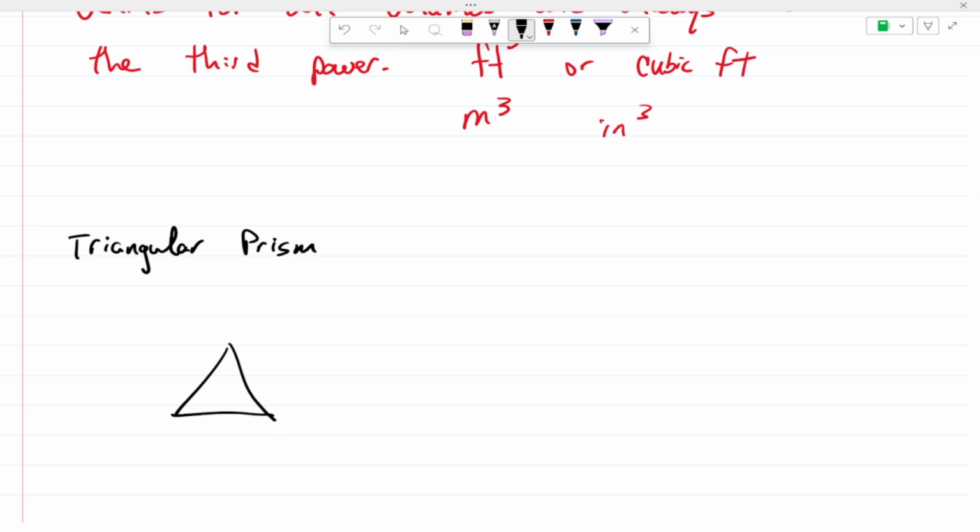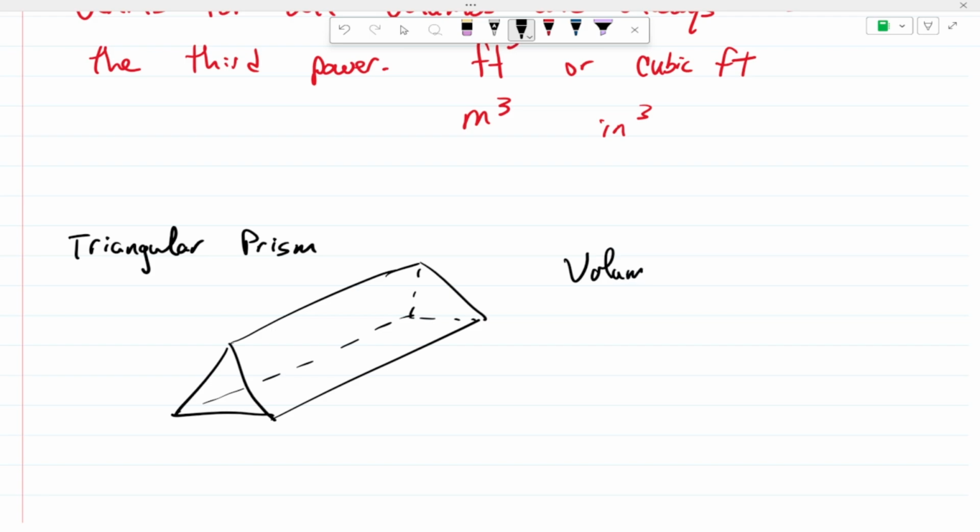But now if you make this into a 3-dimensional object, now you have what we call a triangular prism. Again, the volume is going to be equal to the area of the base times the height.